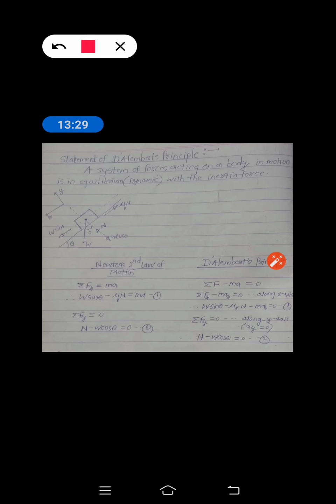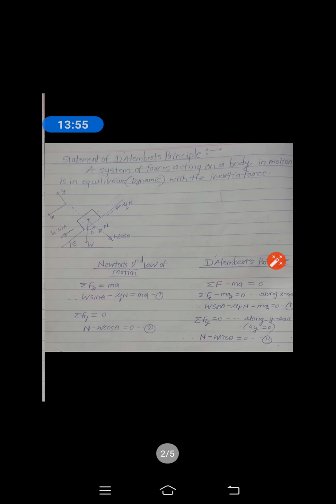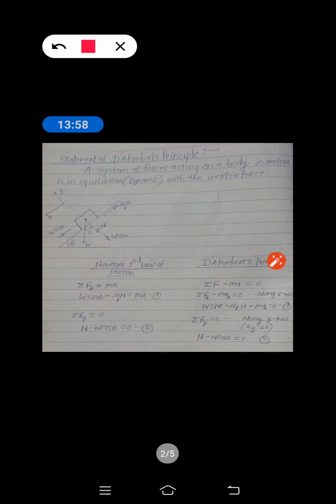When we achieve the dynamic equilibrium, your system of forces acting on the body should be, what does that statement say, your system of forces acting on the body should be in equilibrium with the inertia force.